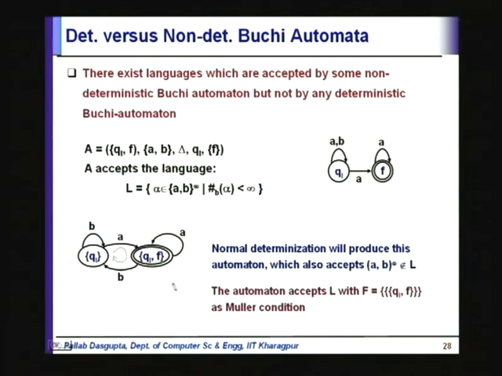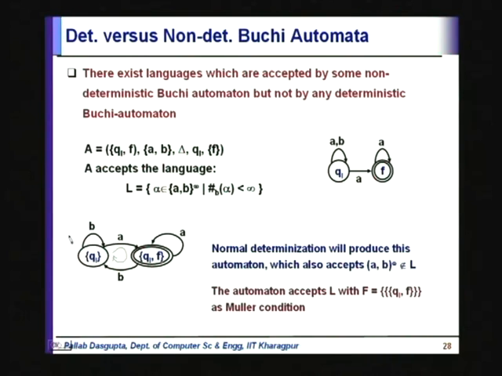On the other hand, if you say that we will apply Muller acceptance here, then what does Muller acceptance say? That the accepting set of states should be such that the automaton gets stuck there, right. So if your run is such that the automaton gets stuck in this state, then that is what you want.